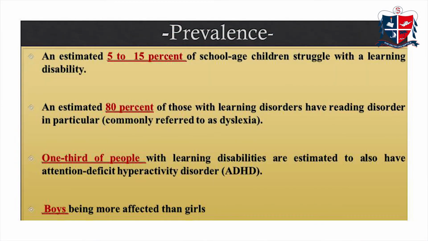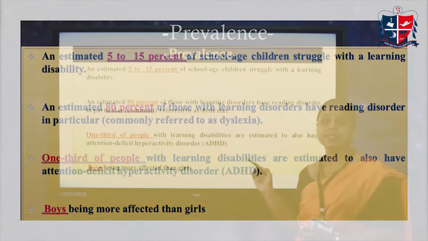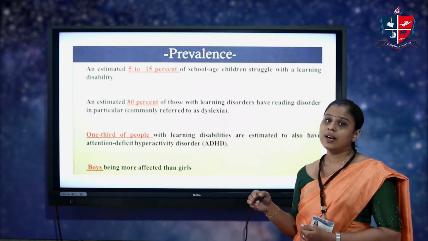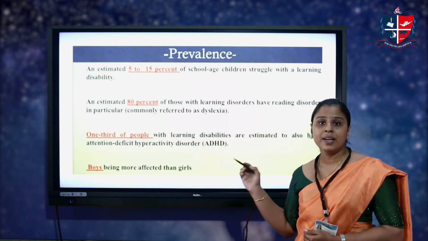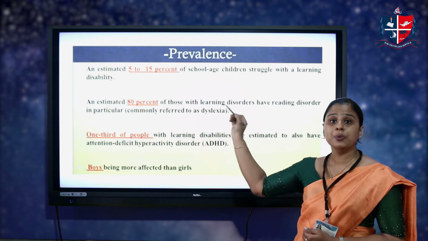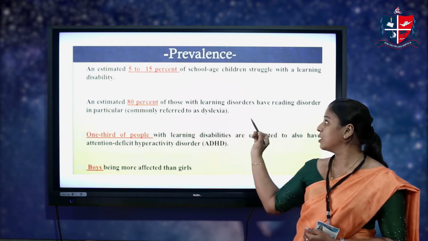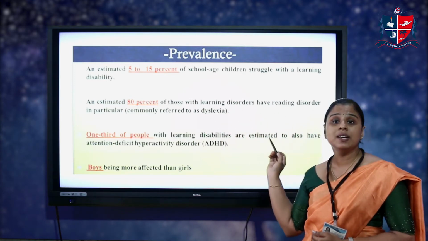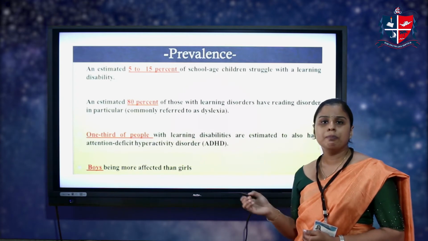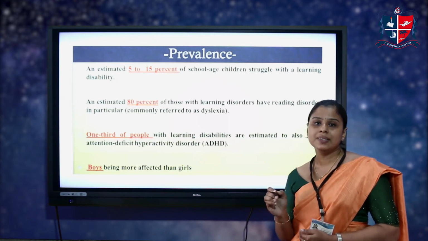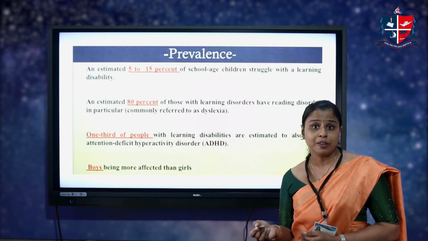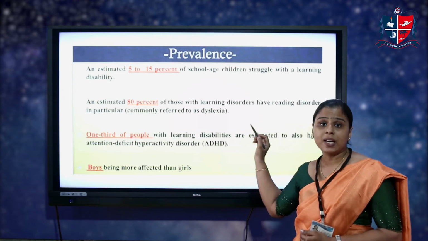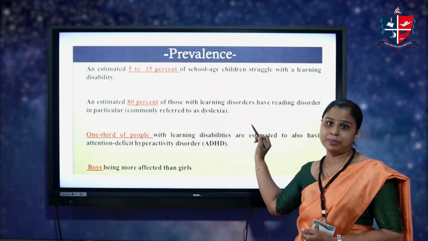Here is the basic prevalence of specific learning disorder across India. It says that 5 to 15% of children are found with learning disability. But learning disability is sometimes unidentified, so this is only the data of identified learning disability.